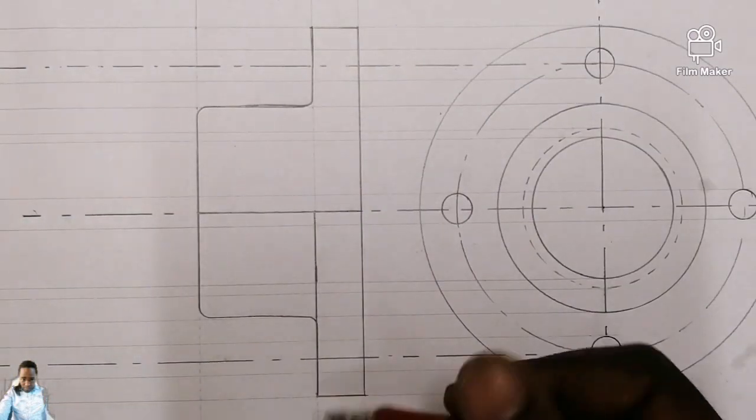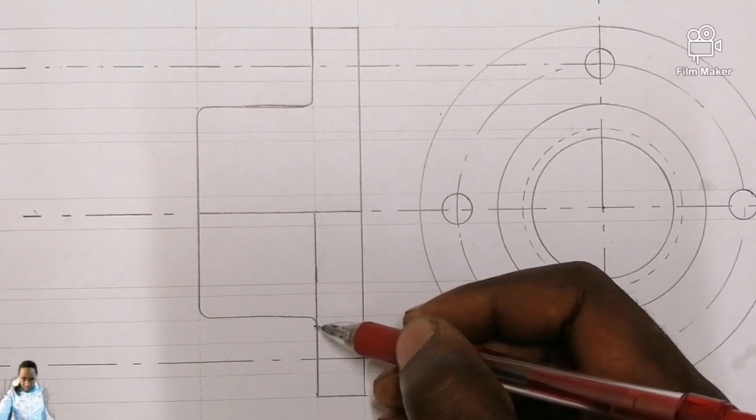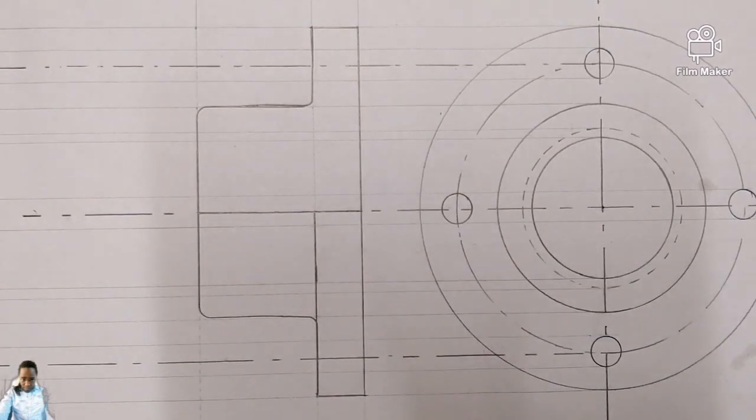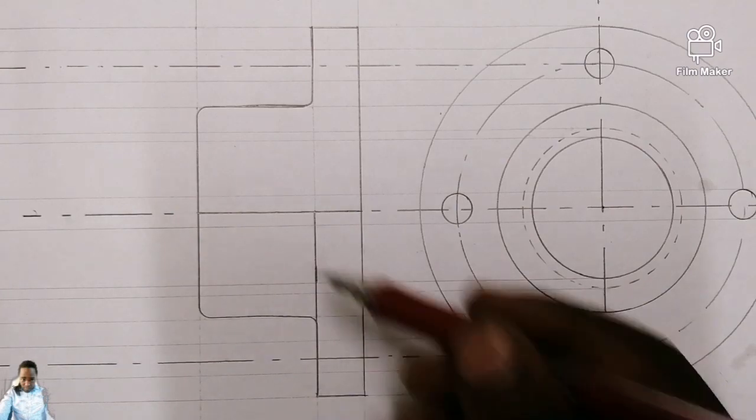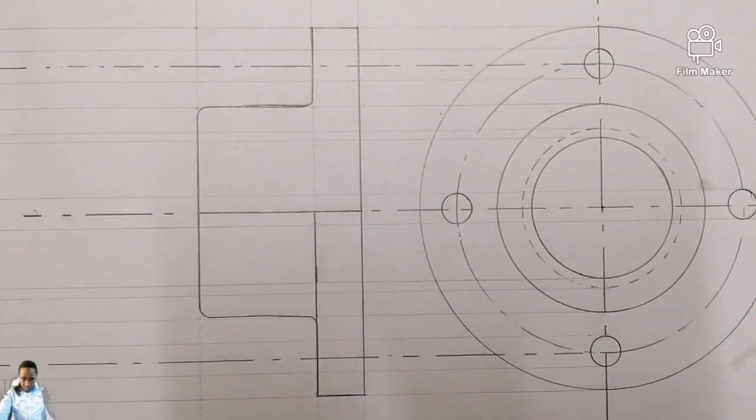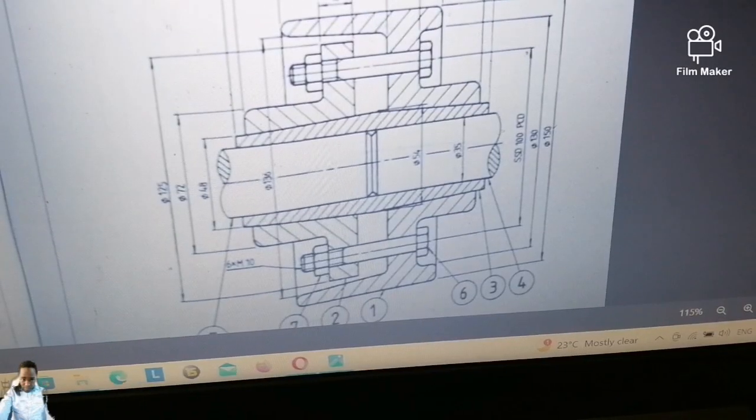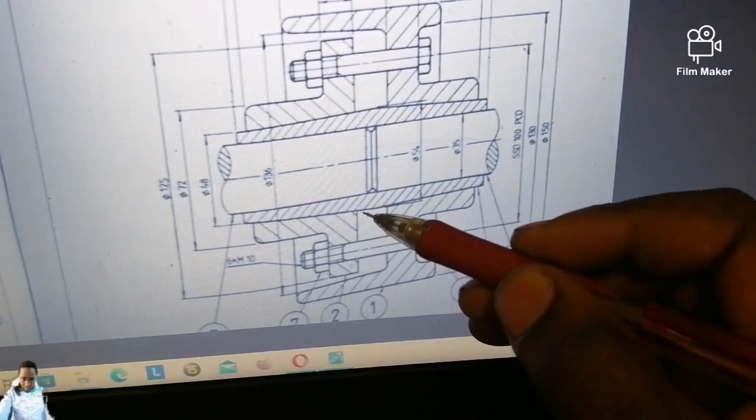So it's going to be dark from here till right there. So now let us see what is the second one. The bottom part was supposed to remain as an outside front view, isn't it? So it's going to be followed by this one and that one.